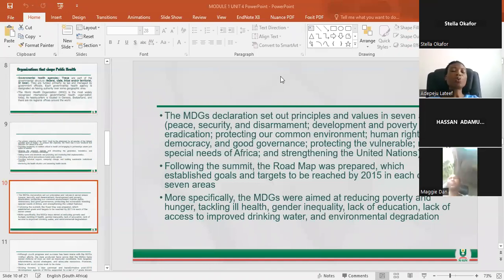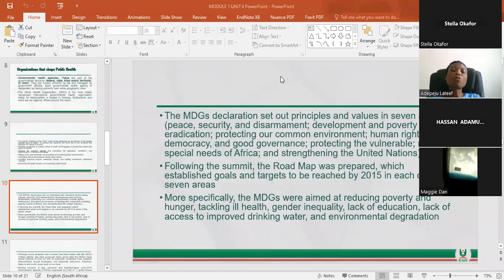We understand that it was put in place in order to combat or eradicate poverty, promote good health, and also protect the environment, as well as human rights and democracy, and also protect the vulnerable group.